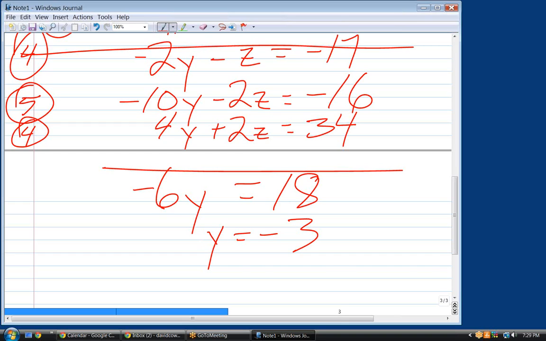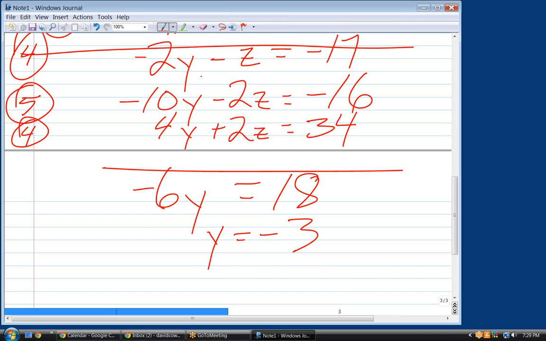Now, how do I solve for z? In other words, what's the next variable I can easily solve for? So just the first equation. Notice that I can't solve for x at this point. But I can solve for z.